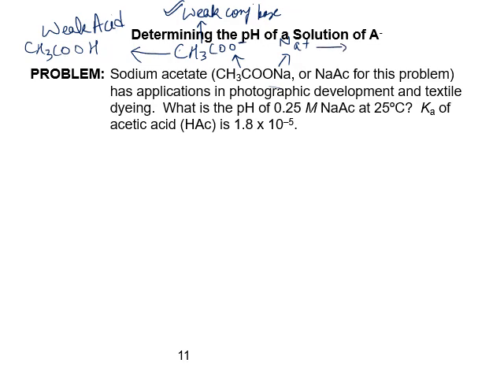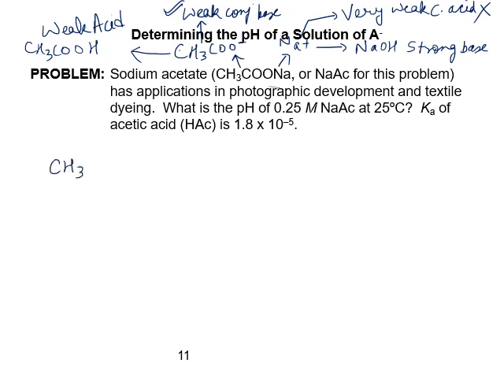Sodium ion is coming from NaOH, which is a strong base, which means Na plus is a very weak conjugate acid, which will not affect the pH. So the only component that affects my pH is this, which means I need a reaction of this in water.